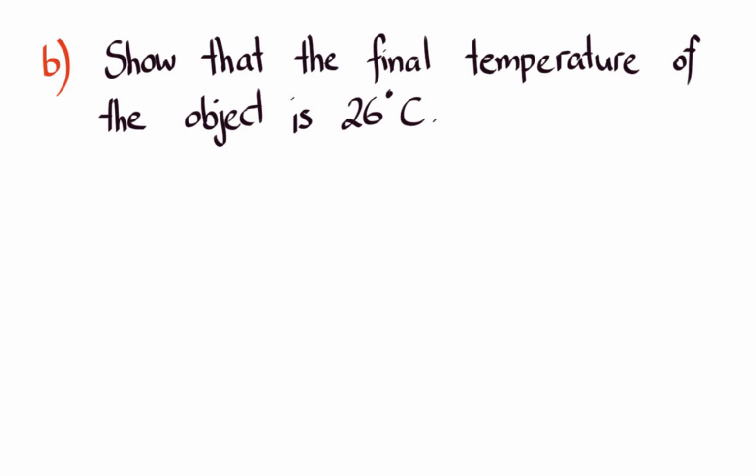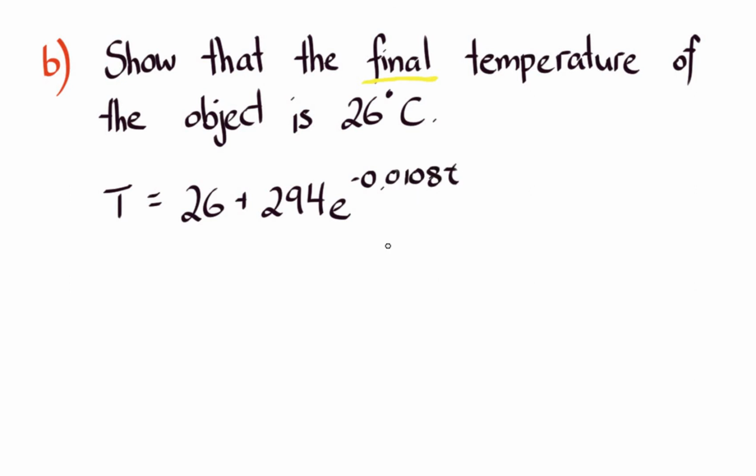So in this case, we have to understand that when they're talking about final temperature, we have to think what happens after a long time, as t approaches infinity, essentially. So let's rewrite our formula that we came up with. T equals 26 plus 294 times e to the power of our k value, that very little negative value, times t.